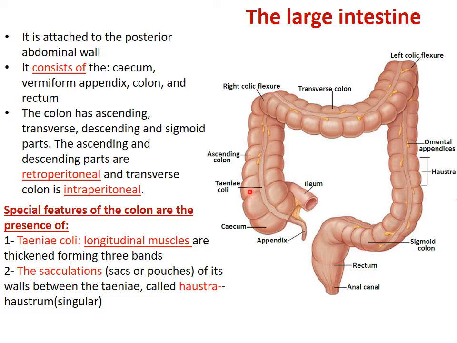Now coming to the haustra or sacule, called sacculation and haustration. Actually, when the outer longitudinal muscle layer condenses into three bands, what is exposed is the inner circular muscle. And these inner circular muscles appear as sac-like structures.